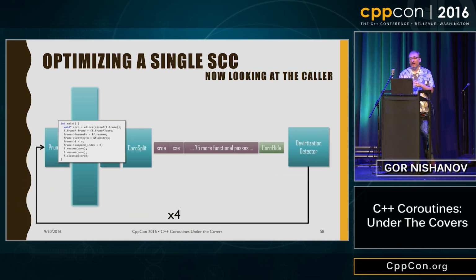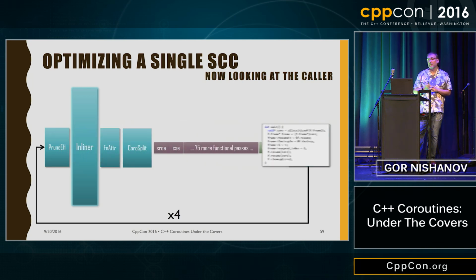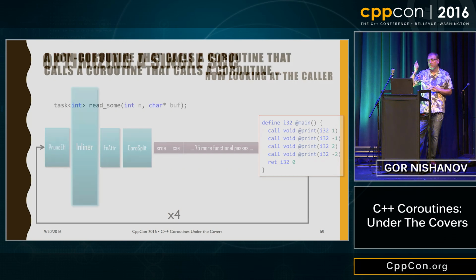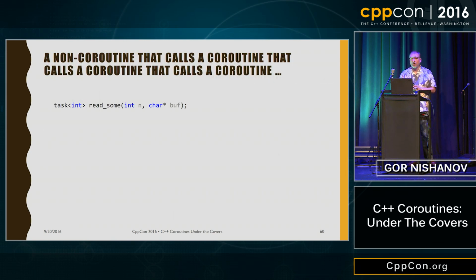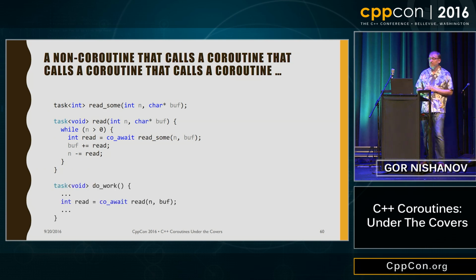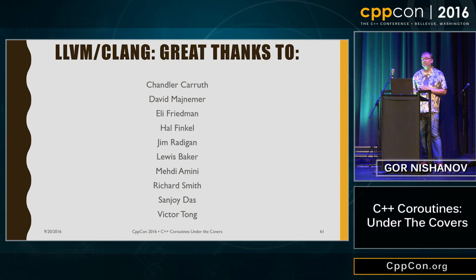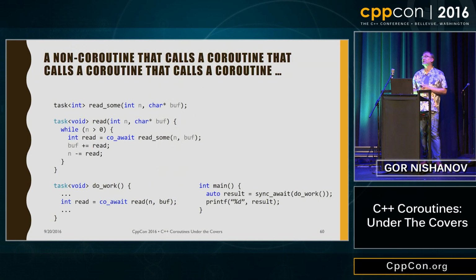So it goes back, and now it is at Coro split. If this function happened to be a coroutine, you can split it further. In this case, it goes back to main. So essentially, if you have code where a non-coroutine calls a coroutine that calls another coroutine, which calls a coroutine, then you have absolutely no heap allocations whatsoever.